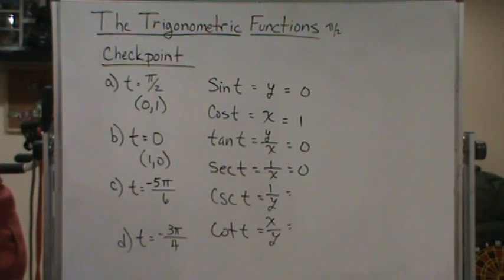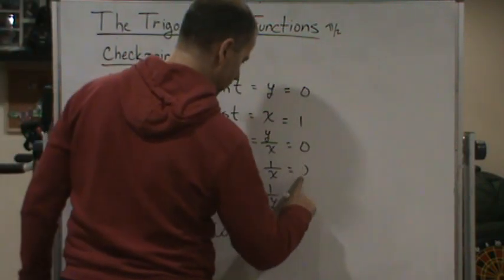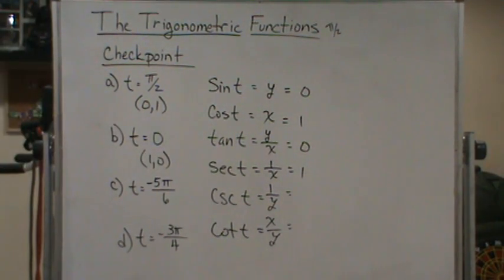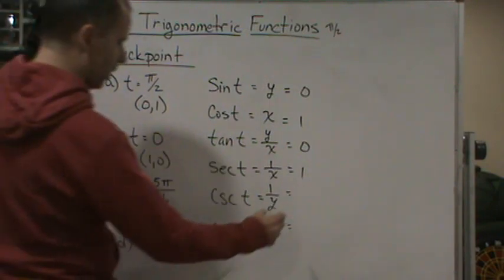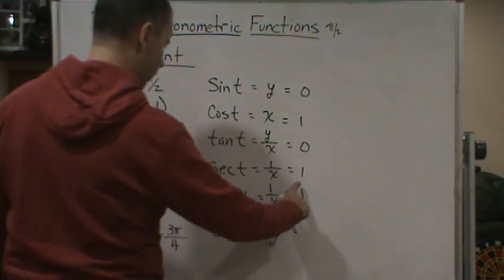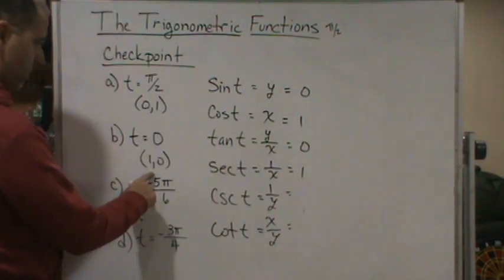Or excuse me, not 0, 0. This is going to be 1. And then, of course, for cosecant, 1 over y is 1, so this is going to be 1. Or no, I'm looking at the wrong one. 0.